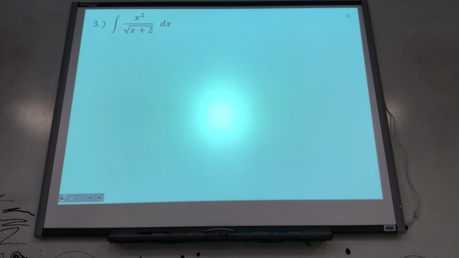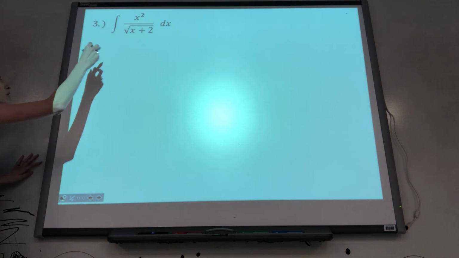And it says that we are integrating x squared over the square root of x plus 2 dx.